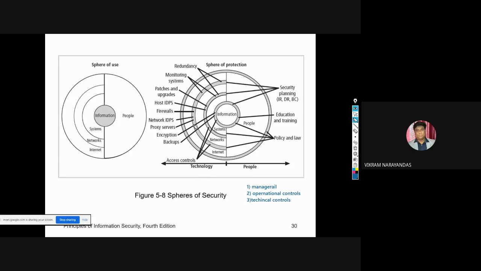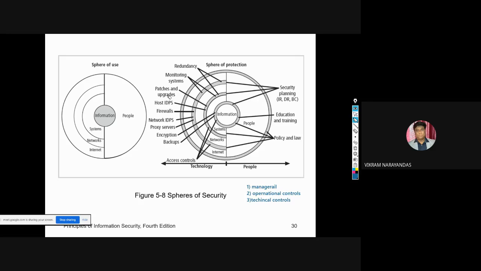Next, encryption. What is encryption? It is a technique to convert a message from plain text to a coded message. Proxy servers can be kept in the internet layer, along with network IDPS, intrusion detection systems, firewalls, host IDPS, patches and upgrades.